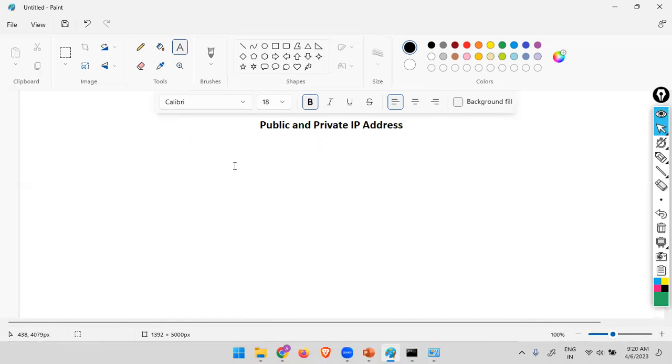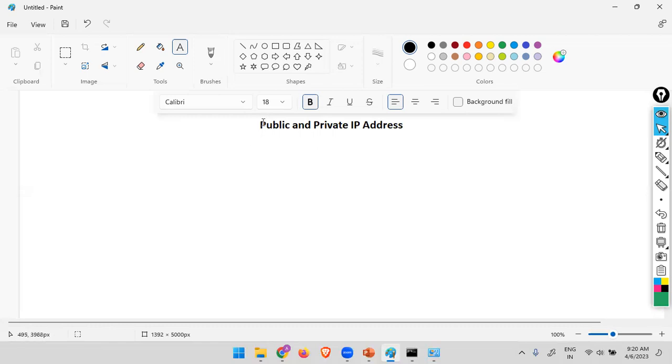Private means LAN, local area networks. Public IP address means wide area networks. Just go with the word. Public means anyone can access, available for public use, and private means specific. Correct?